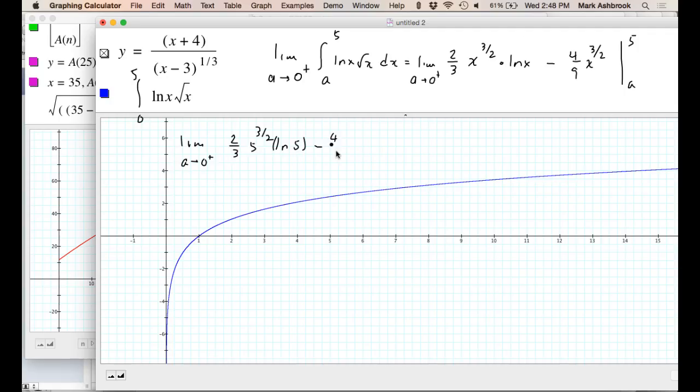Minus 4 ninths 5 to the 3 halves. No problems there. Okay, and then minus 2/3 a to the 3 halves natural log of a, minus, plus, so that'll be plus 4 ninths a to the 3 halves.